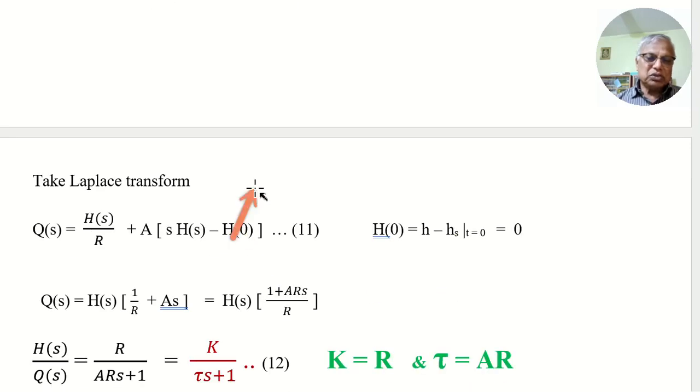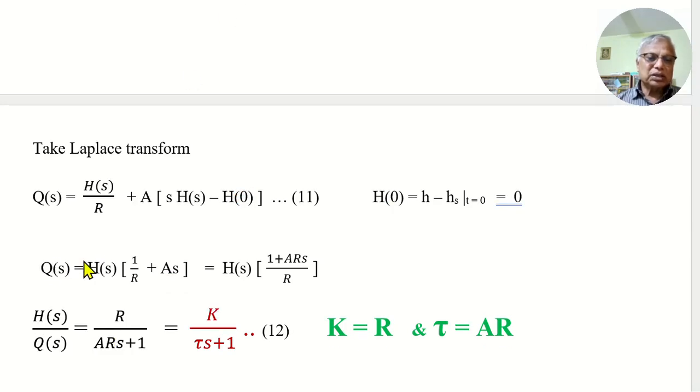So if you cancel out this and simplify other terms, what do you get? Q of s, here I take H of s common, so (1/R + As). This term is 0, so remaining terms are this.